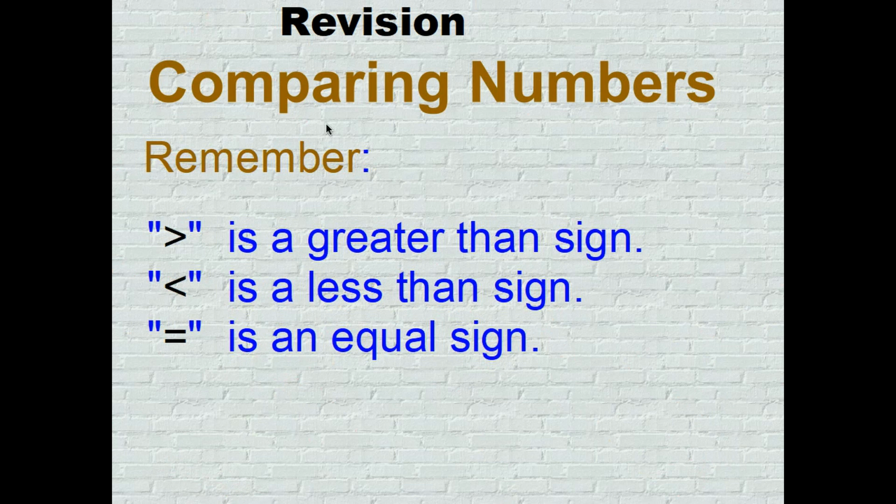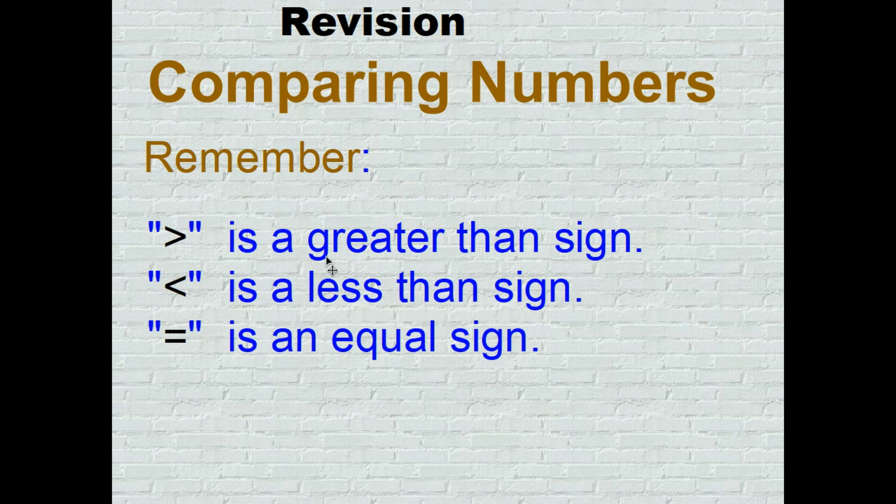Now let's revise before we start. Last time, as I told you, we already started to compare different amounts in numbers. So here also you have more exercises. Here you have 3 comparing signs.